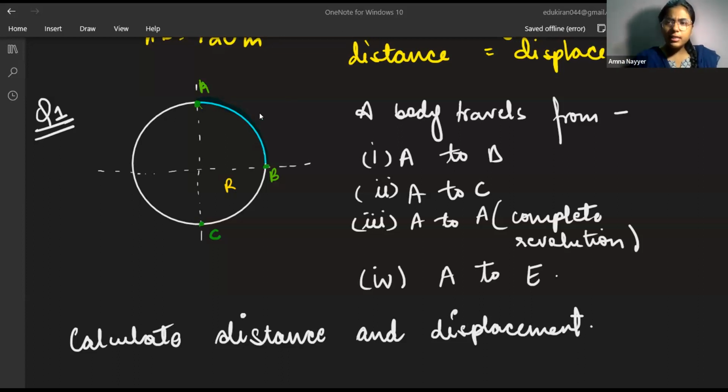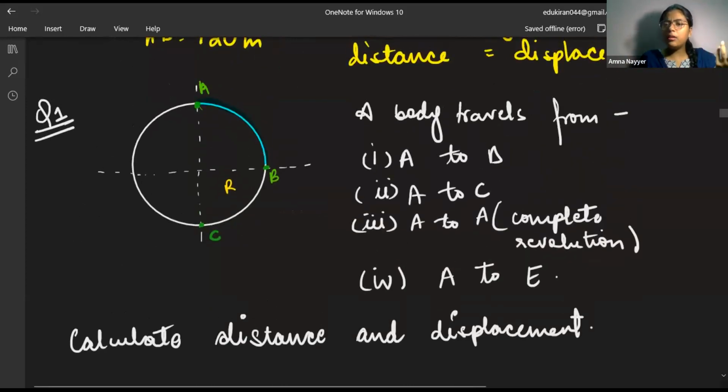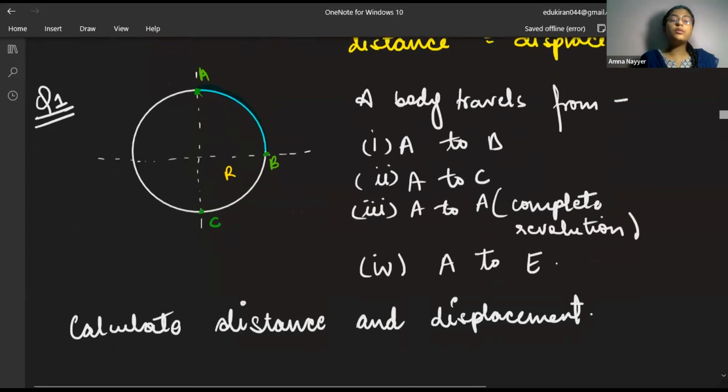If a body is starting from A point, then going to B point, the body has actually covered only part of the perimeter, not the entire one. That is half of a semicircle, or you can say it's just 1/4 of a full circle. You can write it in any way.